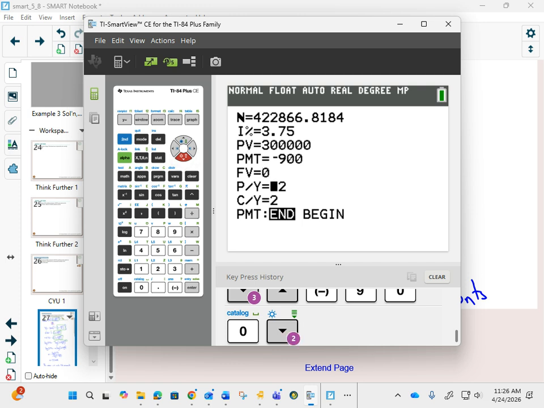So instead of 12 payments per year, how many payments per year would I have? 52 weeks in a year, 26. My number of payments is going to be way more because I'm paying more often. Does that make sense? So if I go alpha and solve now, it's going to take me 454 payments of $900.